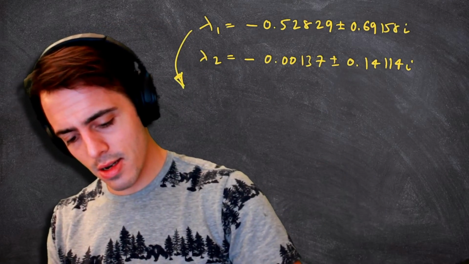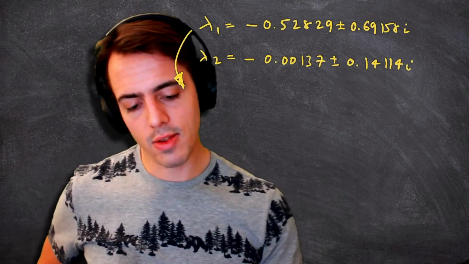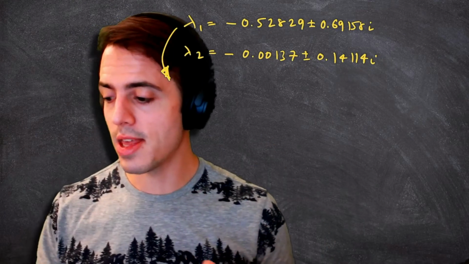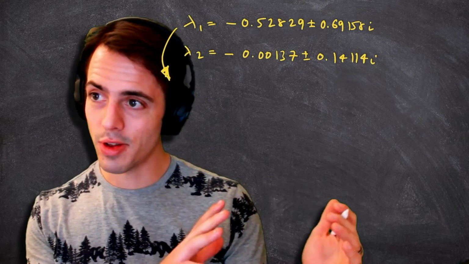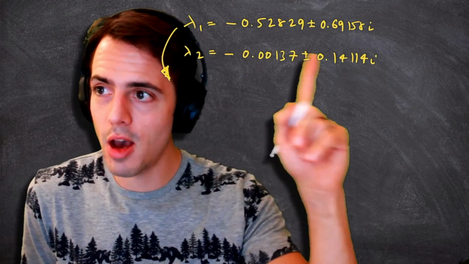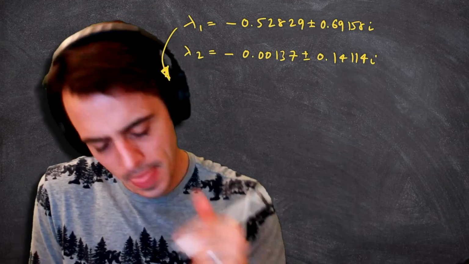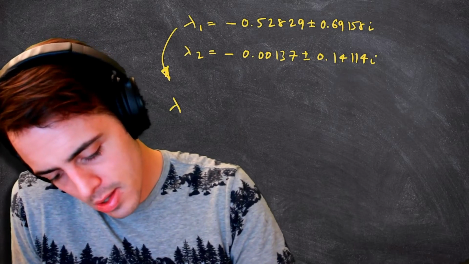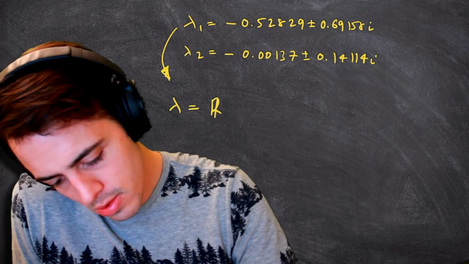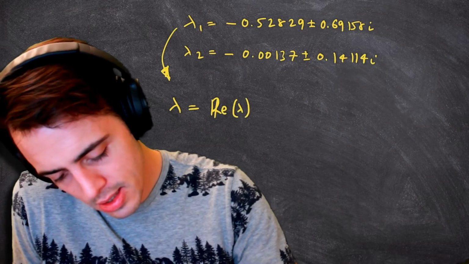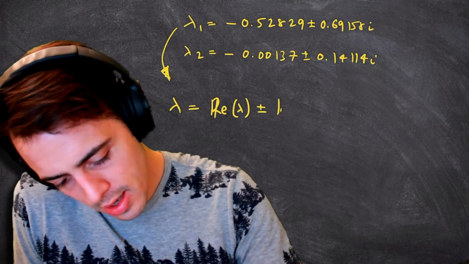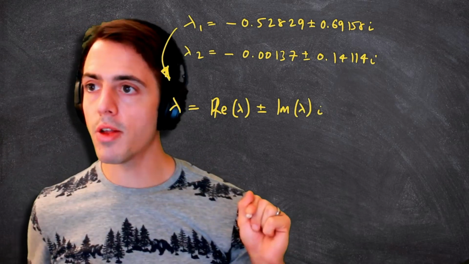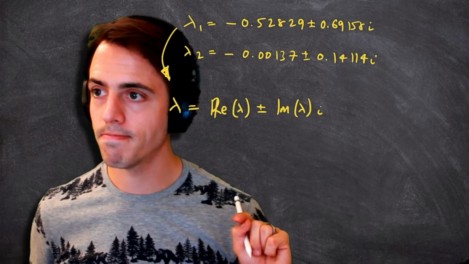So let's see if we can put one of these back into quadratic form, and then we'll compare it with the standard form, and see if we can determine a means of converting between those two. What we've got here is lambda is equal to the real part of lambda plus or minus the imaginary part of lambda multiplied by the imaginary operator.